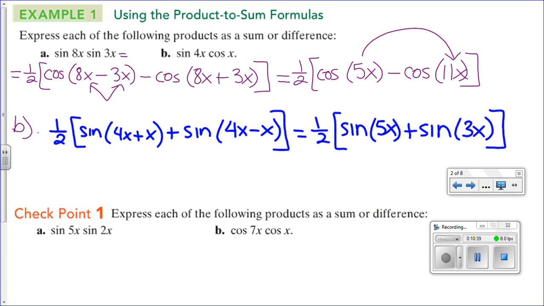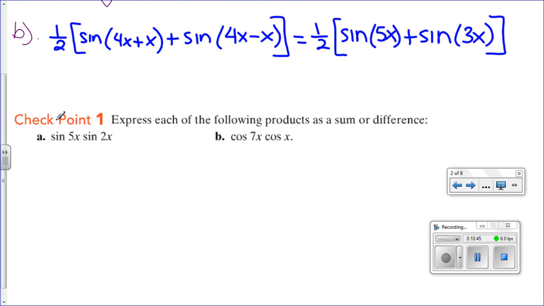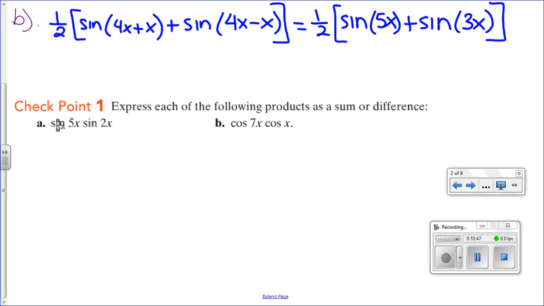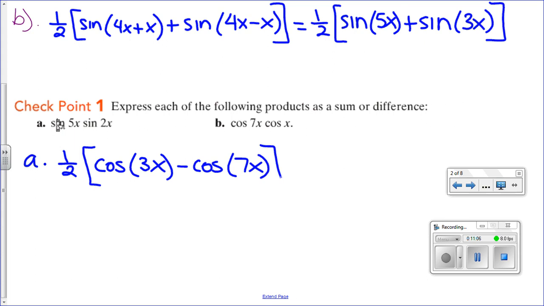Okay, so I would like to just get the answer from you guys, and then if we can all agree, we will move on. Checkpoint 1 for part A. Any volunteer? Cosine 3x minus cosine 7x. Does anyone second that?